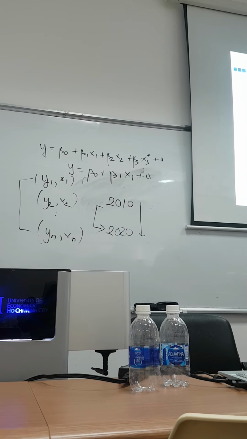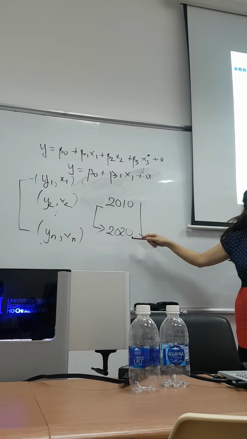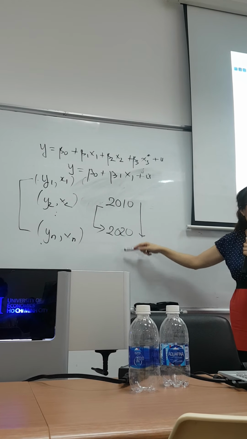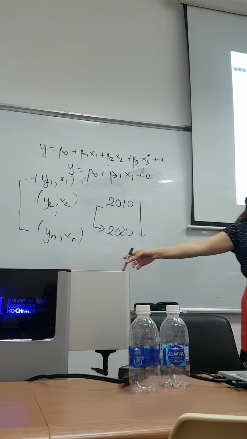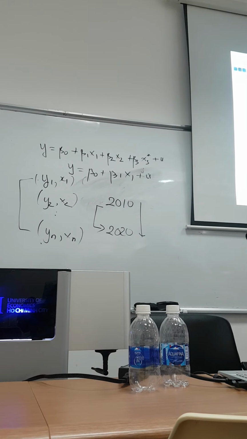So it can be either increasing order or decreasing order, but the order here is important. So I can put here 20, 21, 22, for example. I cannot put, like, 20, 21, and then go back to 13 and then 15, for example. So the ordering of time series data is important. The ordering in cross-section is not important, right? Okay, so the first person, the second, the third, I can rearrange and put in any order that I want.